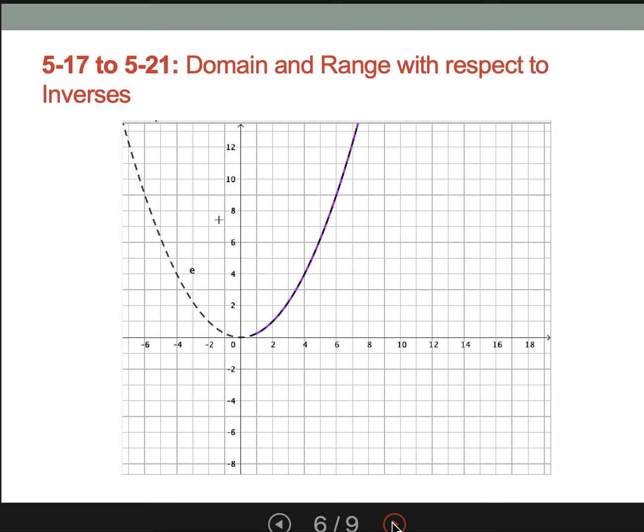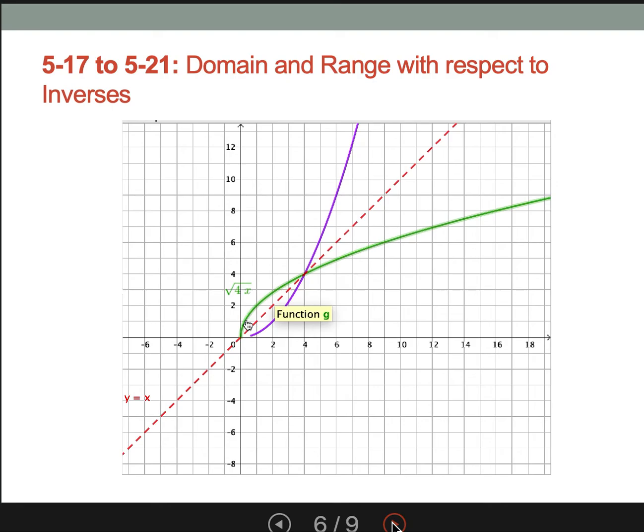The question is, if you restrict the domain to just when x is positive, and you reflect it over the line y equals x to create an inverse, will you get a function? If you reflect that, you get y equals square root of 4x, and this is a function.